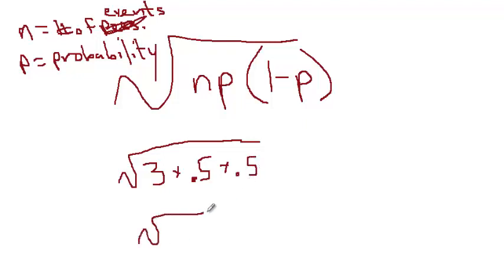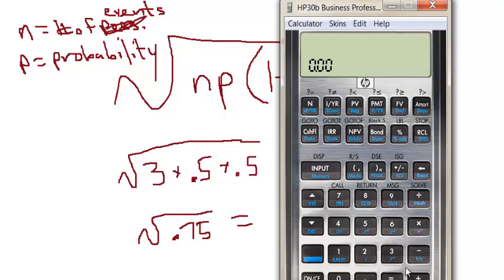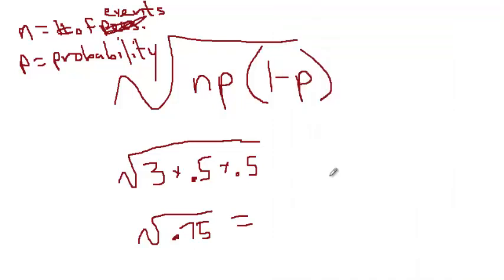Half of 3 is 1.5, times a half again is 0.75. And so the square root of 0.75, for this we can use a calculator. We take the square root of 0.75, which comes out to approximately 0.87. So it's 0.86, and so on, but you can round it off to 0.87. So that would be our answer.